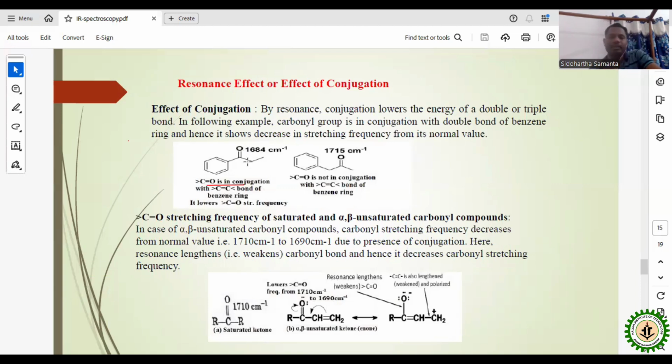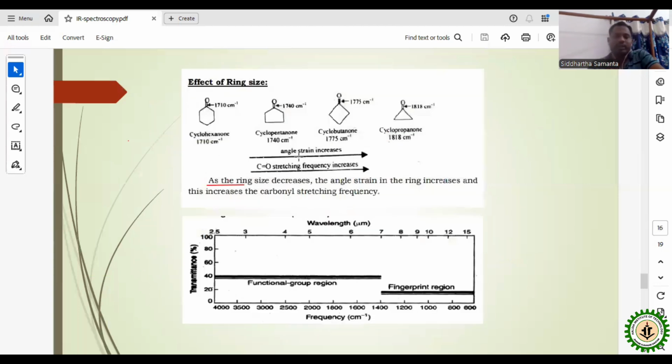Here you see that benzene is directly attached to this carbonyl carbon, so by resonance, its stretching frequency is reduced to 1648 centimeter inverse. But in that case, there is an sp3 carbon present, so the CO stretching frequency is not affected by the conjugation with this benzene. So conjugation effect reduces CO stretching frequency. So this is the conjugation effect.